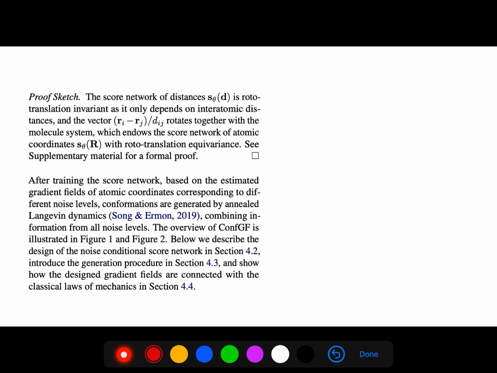The proof is very similar. This score network is rototranslation invariant as it only depends on the interatomic distances, and the vector rotates together with the molecule system.